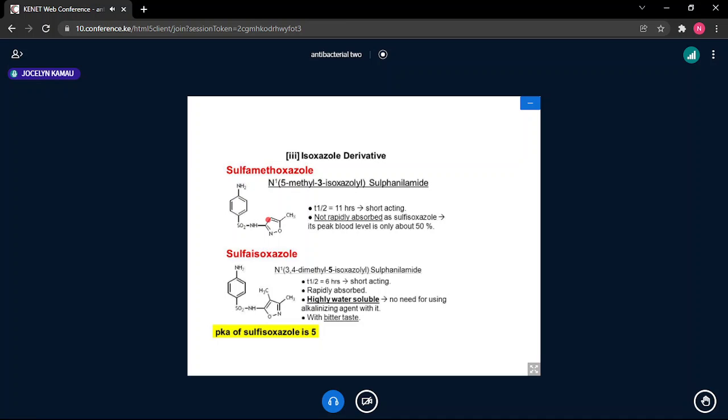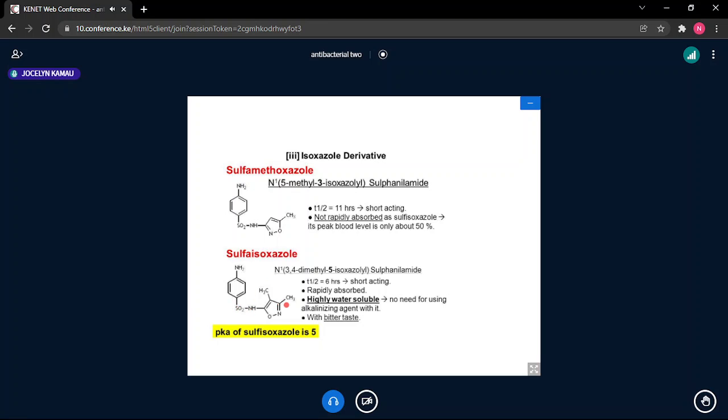Getting into solution, it still retains good lipid solubility. In sulfamethoxazole, you have one methyl group. So here, so that you can balance lipid solubility, you add another methyl. You have good water solubility, and you improve the lipid solubility by addition of another extra methyl group.